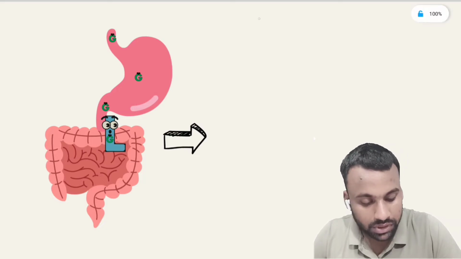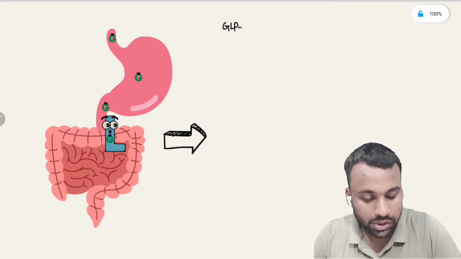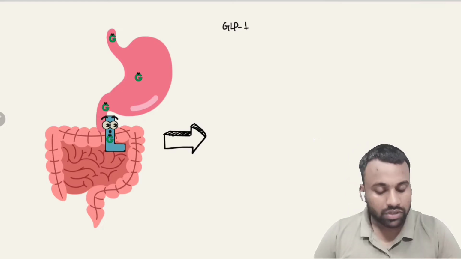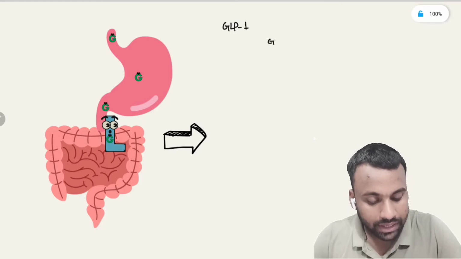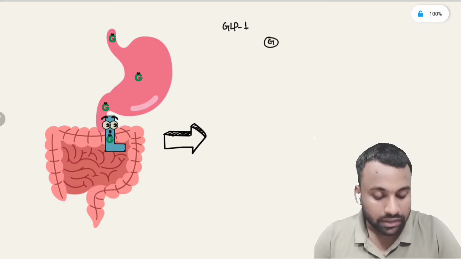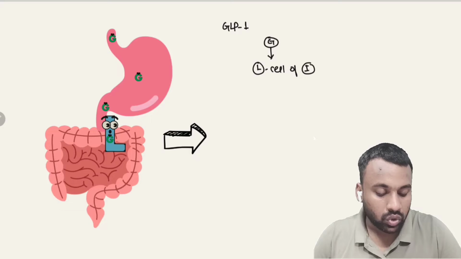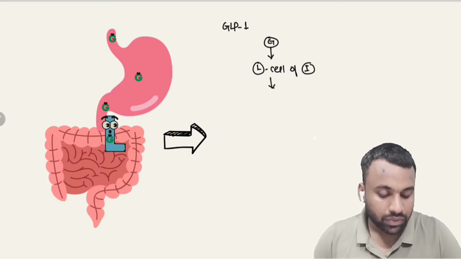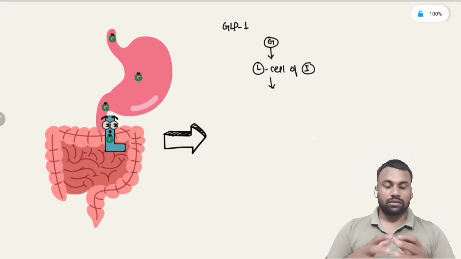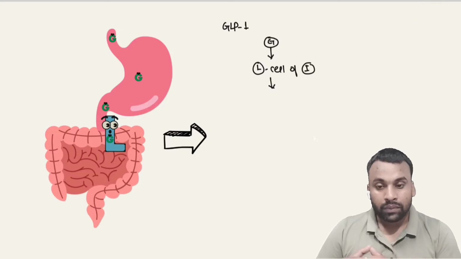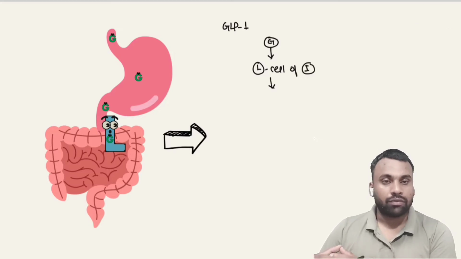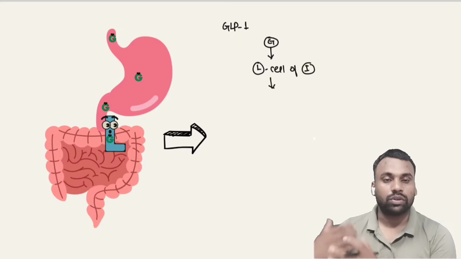First, what is the role of GLP-1? If a person takes glucose, and this glucose reaches the intestine, the L cells of the intestine amplify the glucose-induced insulin release.